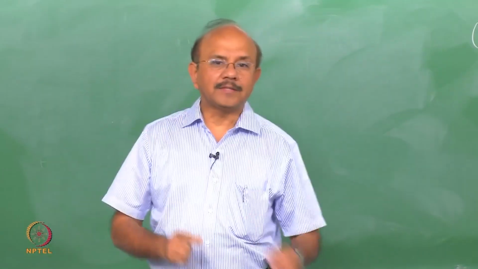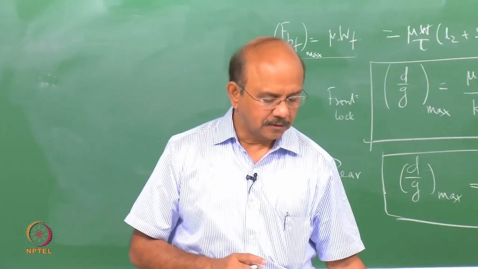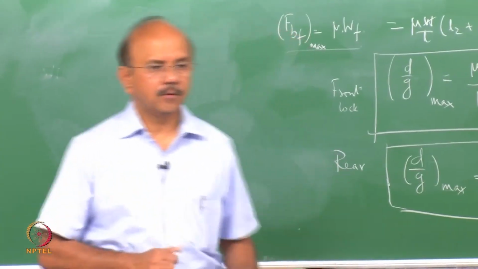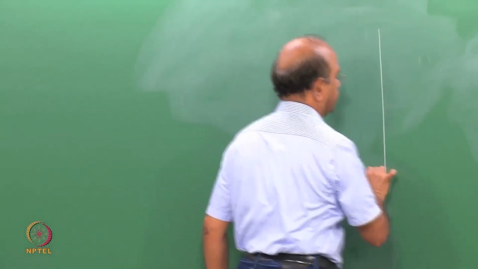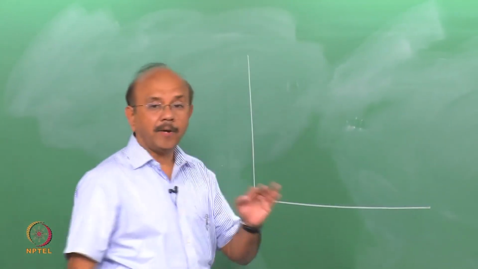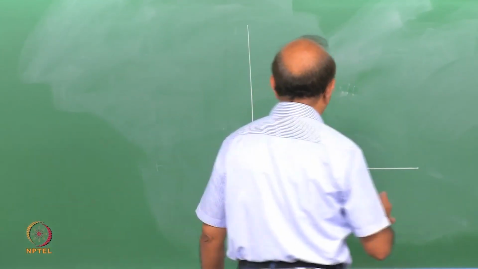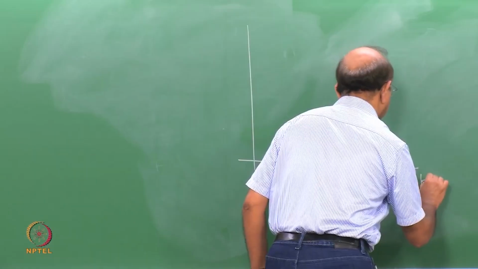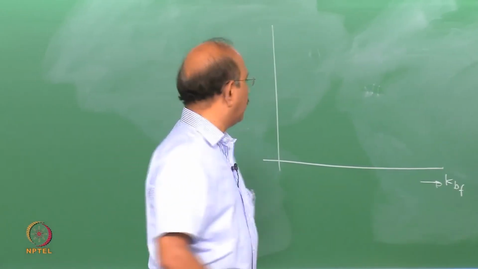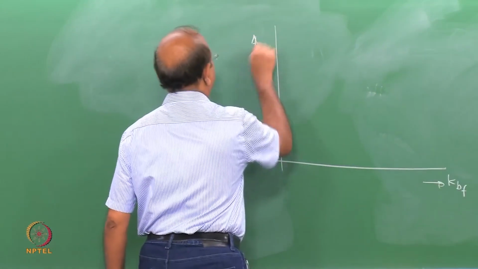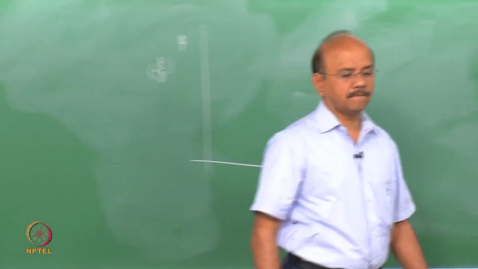With that in mind, a very important rider, let's now interpret what happens when I change KBF. Let us say that I plot KBF on this axis, and I plot my deceleration, d by g, on this axis.